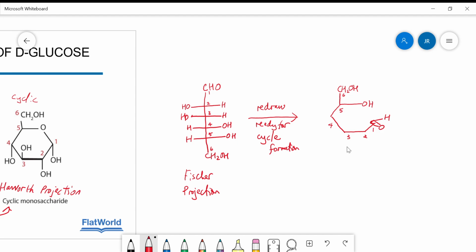Now we should probably put the other structures on. Let's see, I've essentially rotated it that way, right? So essentially move this almost 90 degrees clockwise.